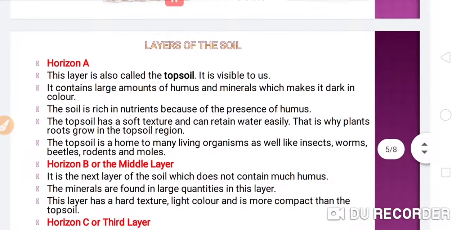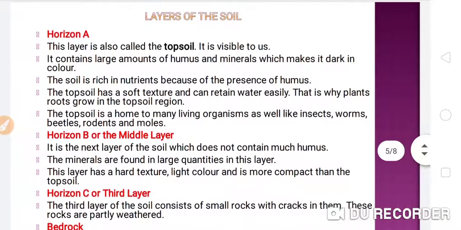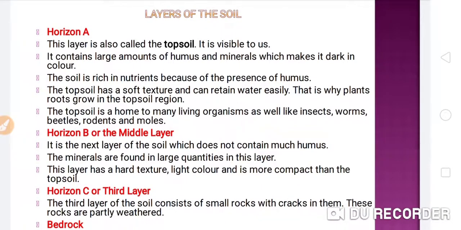It contains large amounts of humus and minerals, which make it dark in color. So the dark color of the soil is due to the presence of humus and minerals. The next point: the soil is rich in nutrients because of the presence of humus. The nutrients we get from the soil are due to the presence of humus.